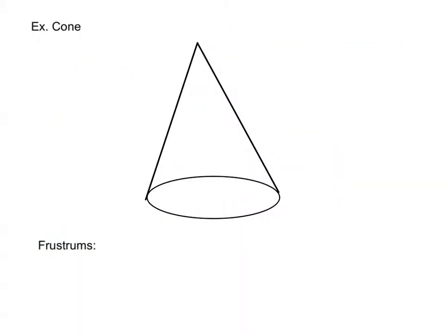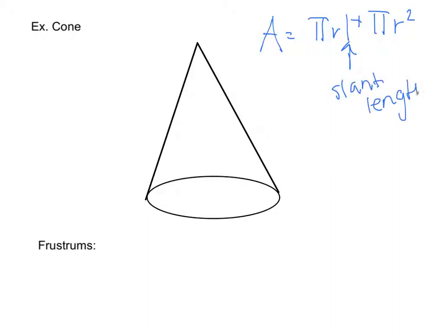So for cones, we actually have a special formula. A equals pi r L plus pi r squared. So L is going to be the slant length. And in this one, that's going to be 10 centimeters, and we're going to have a radius of 5 centimeters.